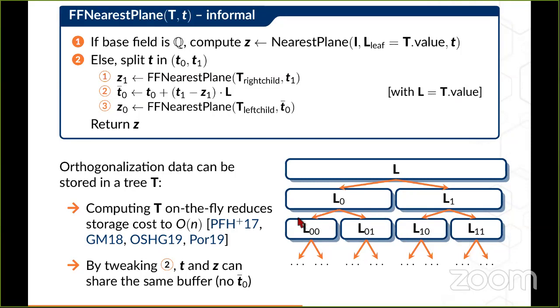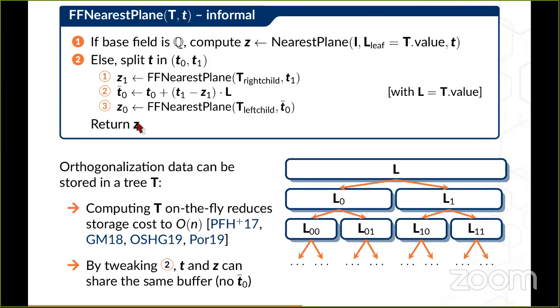So that's one way to gain some complexity in terms of storage. Another way, which I don't think is implemented yet, is that you can tweak operation 2 so that T and V share the same buffer. Essentially, you can transform this algorithm into an in-place algorithm where T and V share the same buffer.